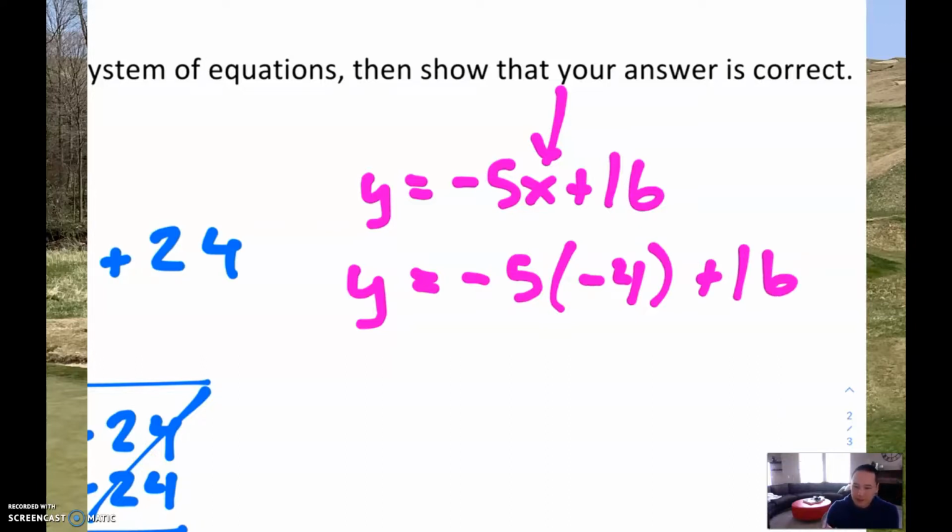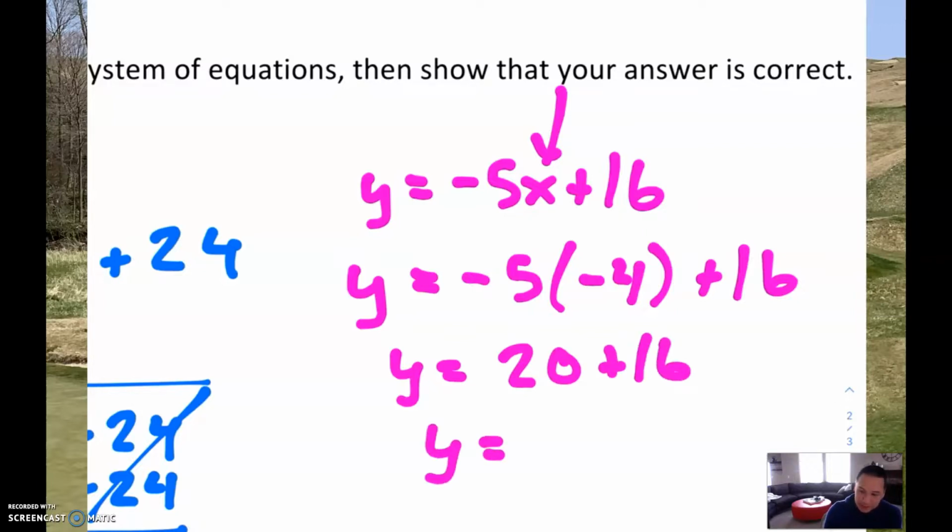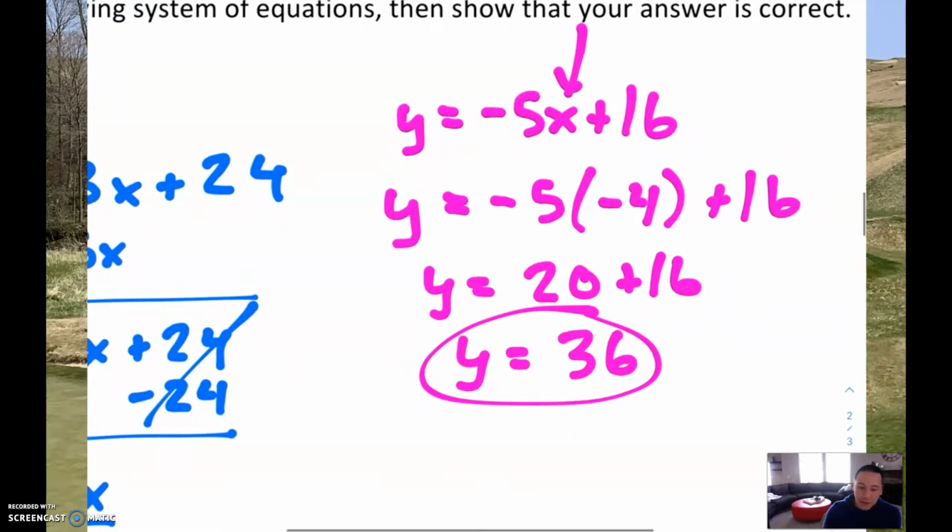Then it's just a matter of simplifying. If we take negative 5 times negative 4, a negative times a negative makes it positive. And if we add those together, 20 plus 16 becomes a 36. And that's our value for y.